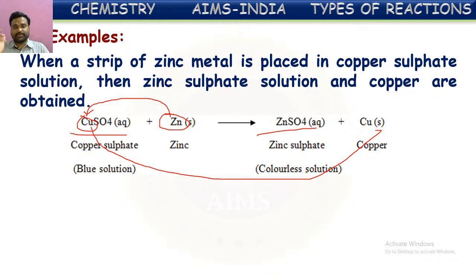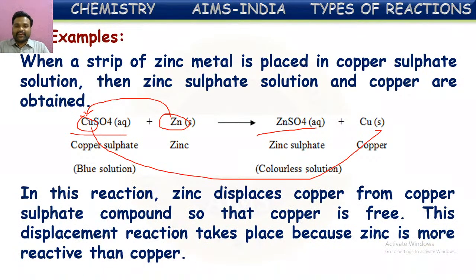A brown colored precipitate will be formed because of the formation of copper. So in this reaction, zinc displaces copper from the copper sulphate compound so that copper is free. This displacement reaction takes place because zinc is more reactive than copper. This formed copper will form like a brown color precipitate on the zinc metal.